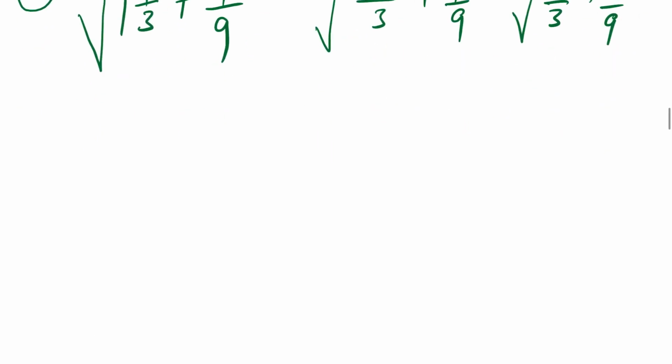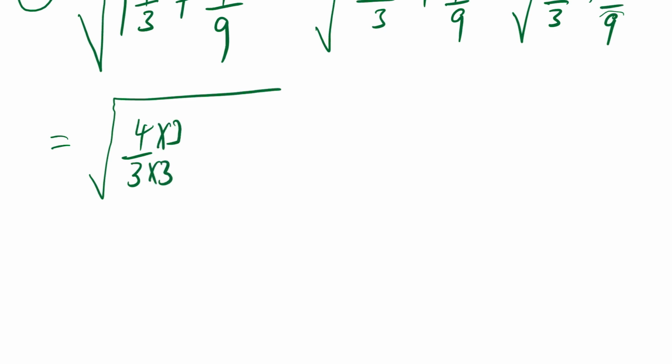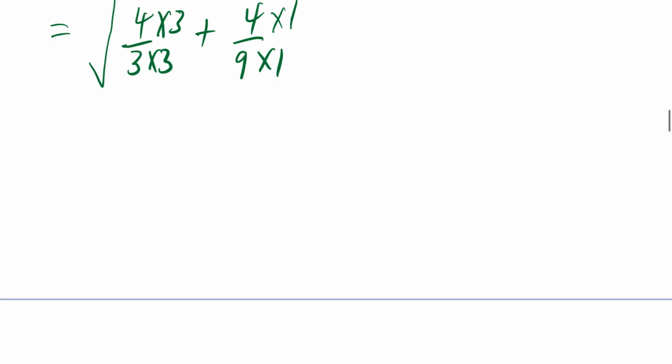If you look here, our denominators are not the same. I will make them the same. How do I make them the same? Since this is 9 and this is 3, I can easily make 3 into 9. So I'll say 4 divided by 3, I multiply by 3 to make it a 9, and my LCD there is 9.